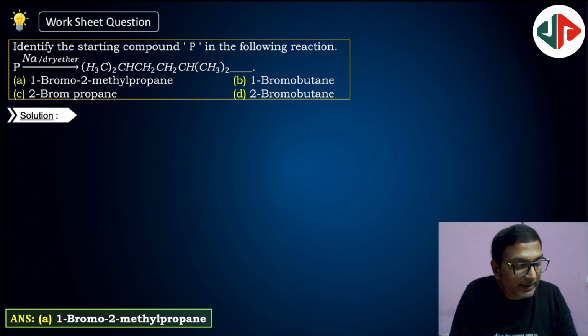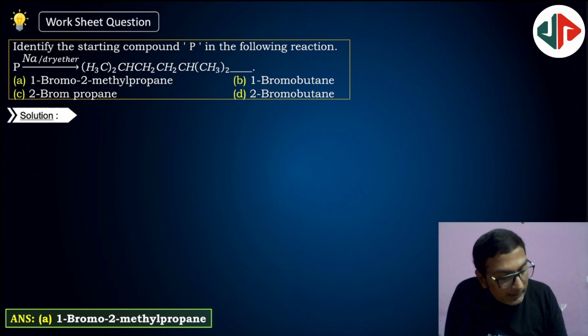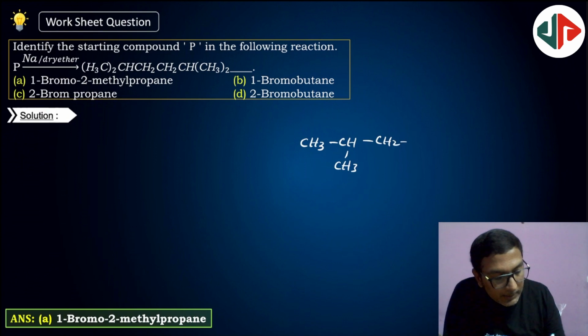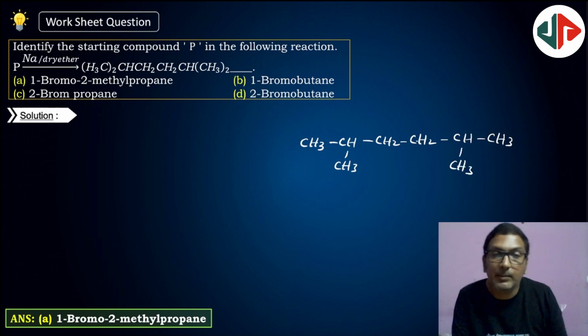Identify the starting compound P in the following reaction. So here, the last compound is (CH3)2CH-CH2-CH2-CH(CH3)2, the final compound.